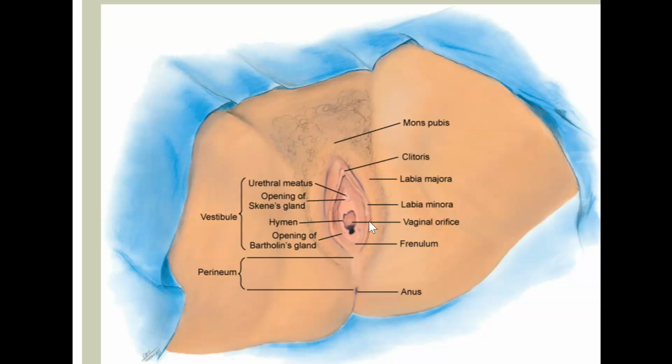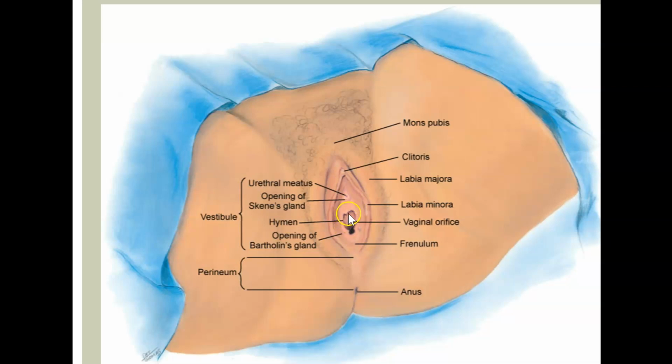Always think about the labia minora as being the smaller of the two skin folds, and then up here, you have the clitoris, which they could describe as a P-shaped erectile body. You can consider that just like the male penis, really, believe it or not. The vaginal orifice.